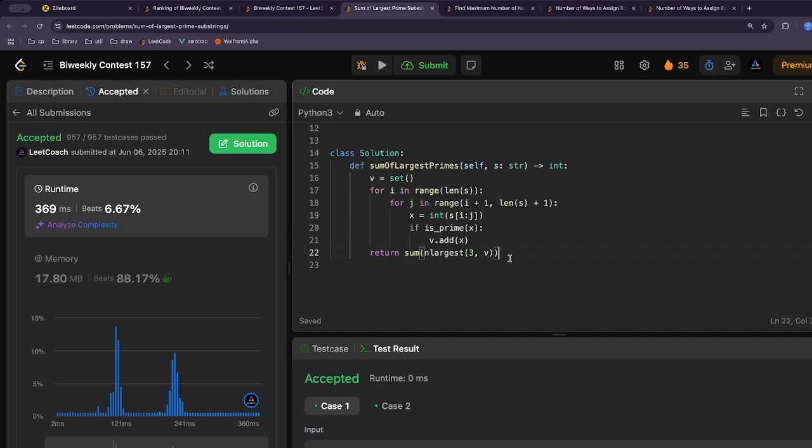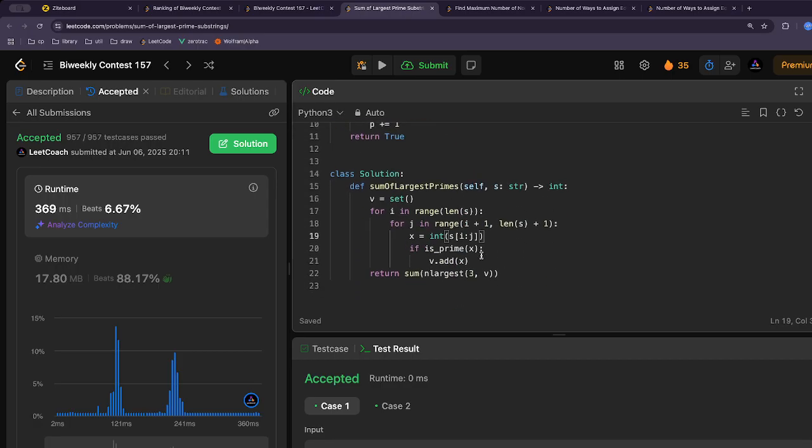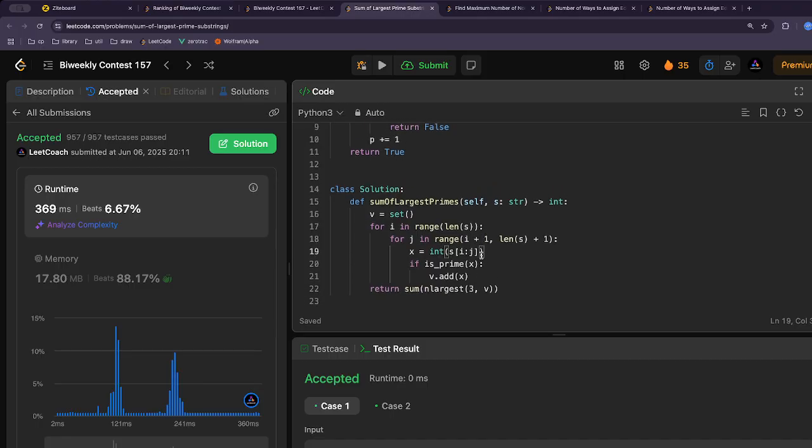Yeah, so there are a few things to take into account. So the analysis that I did: if you want to know how many substrings there are, it's actually 10 times 11 divided by 2, which is 55, right?